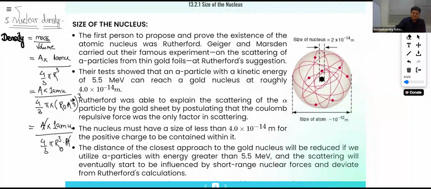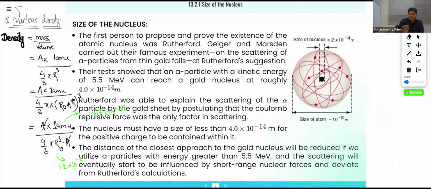What is r naught? I'm writing here. What is one atomic mass unit? One atomic mass unit will be 1.67 into 10 raised to minus 27, and r naught value will be 1.2 into 10 raised to minus 15.